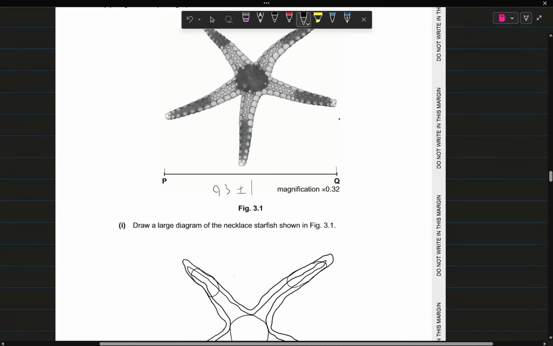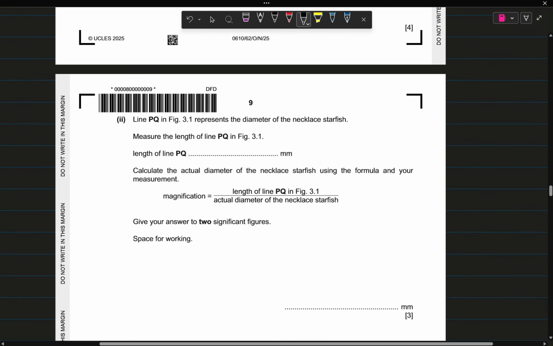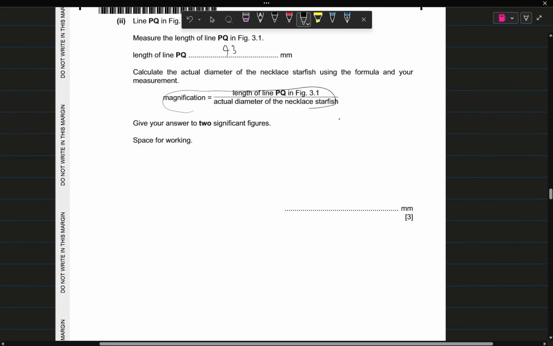So 92, 93, 94 are accepted answers. I will write here 93. And then calculate the actual diameter of the nucleus. This is the formula. Actual, if you rearrange it, would equal the length over the magnification.